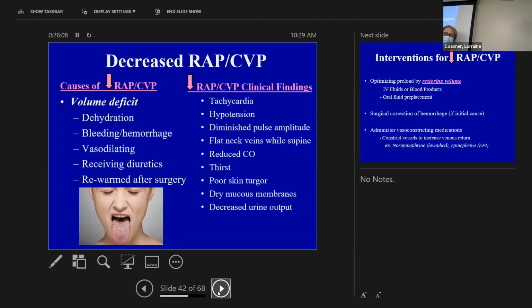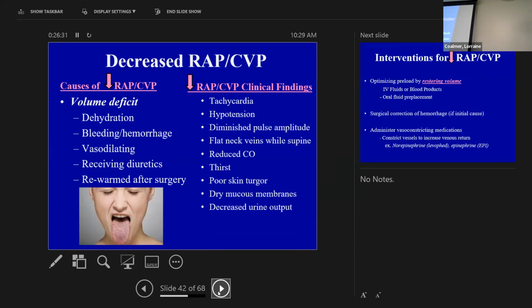So on the flip side, think fluid volume deficit here, right? Because it's preload. We're only talking preload right now, guys. Now, the preload can be low if I'm massively vasodilated.